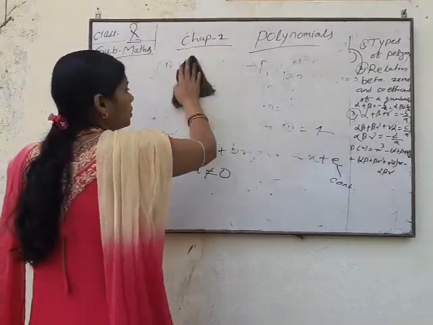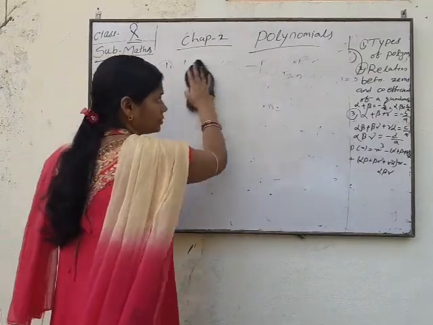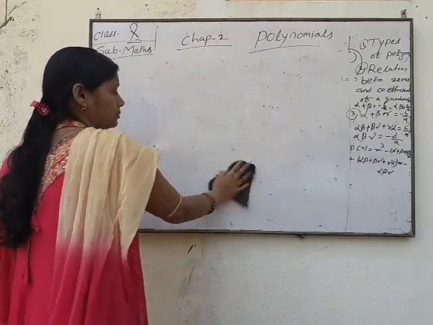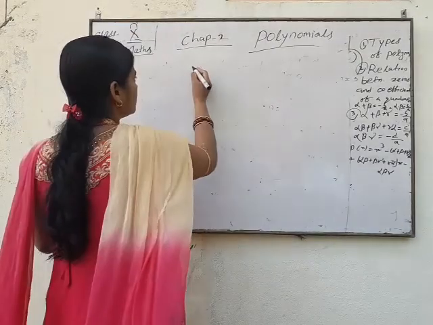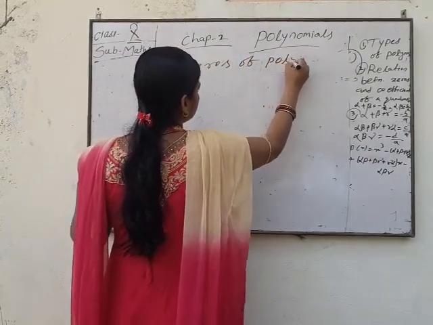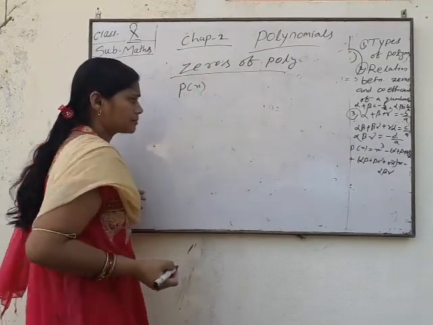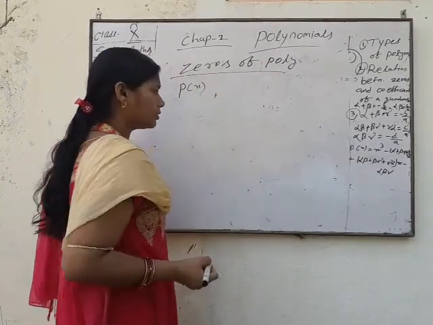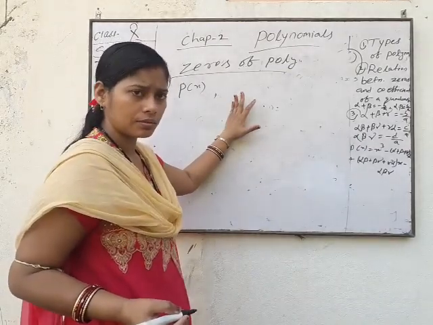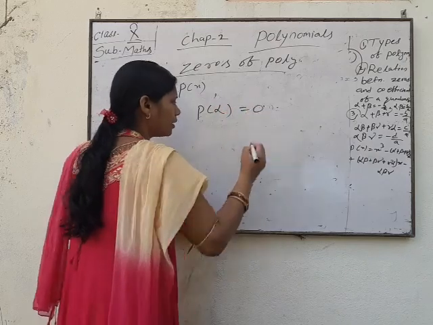Now we'll discuss the zeros of a polynomial. What are the zeros of a polynomial? If your polynomial is p of x, then alpha is called a zero of the polynomial if p of alpha is equal to 0.